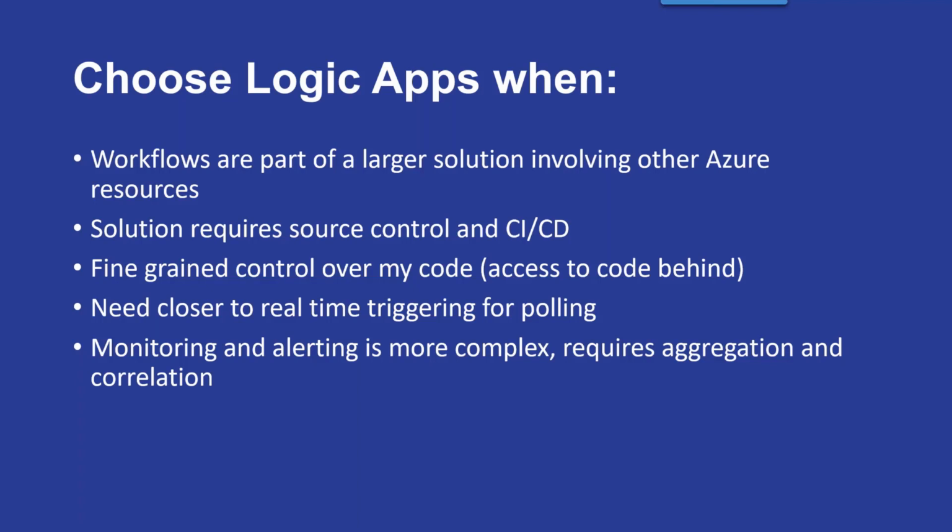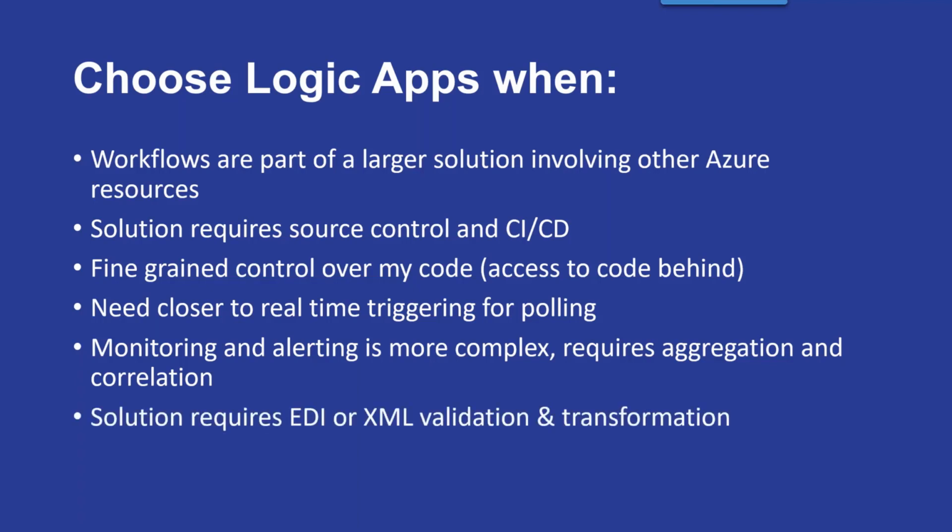So you can actually find a correlation ID or an order number and find if it's being processed successfully or where it was inside Log Analytics while using Logic Apps. You don't have the same way to do that kind of stuff in Microsoft Flow. The solution requires EDI or XML validation and transformation. And most probably, as we said as well, the solution requires VNet integration. Right, there we go.